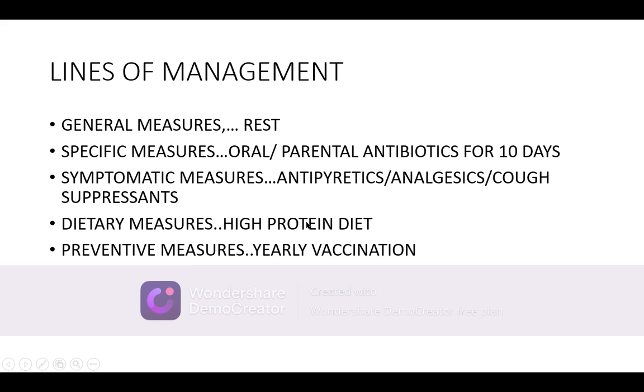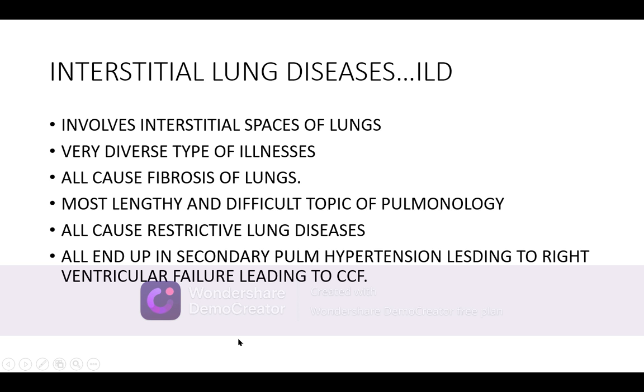You can give a high protein diet or a moderate fat diet. The preventive measures are yearly vaccination. This should be done in the old population specifically, and very young children should also receive these vaccinations.